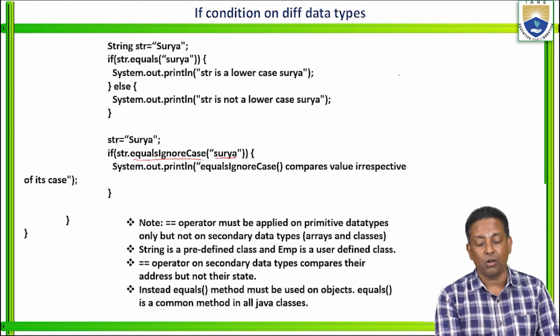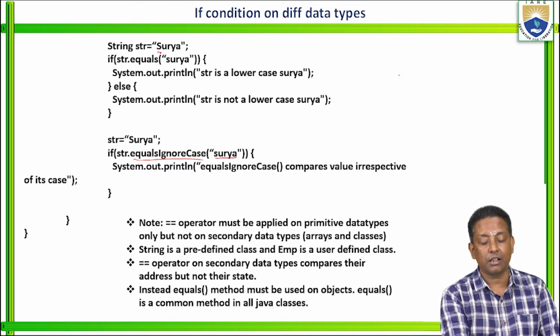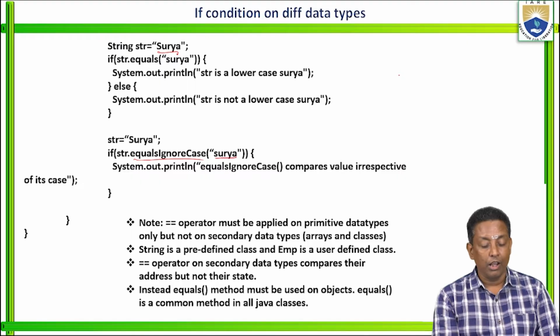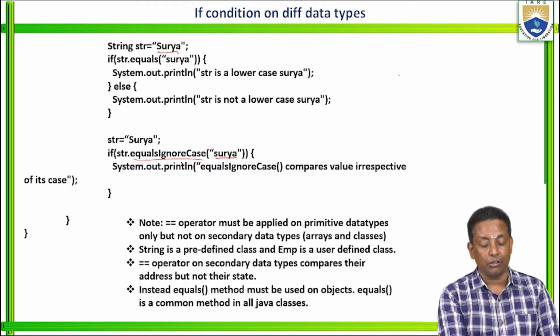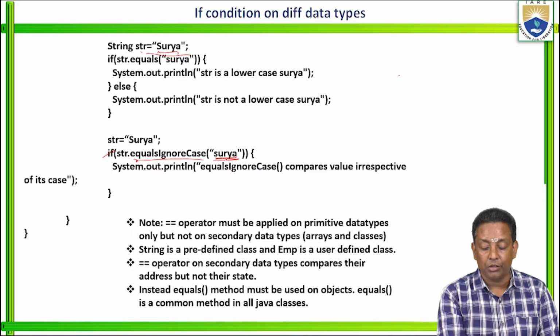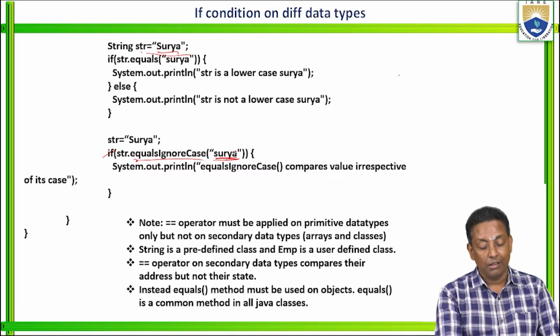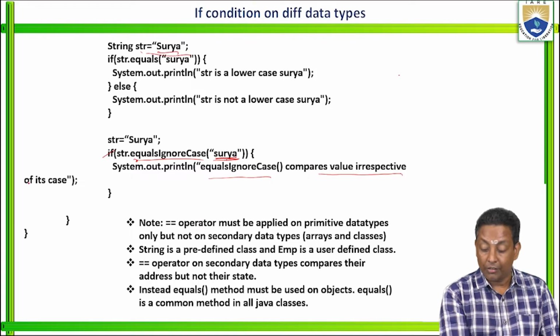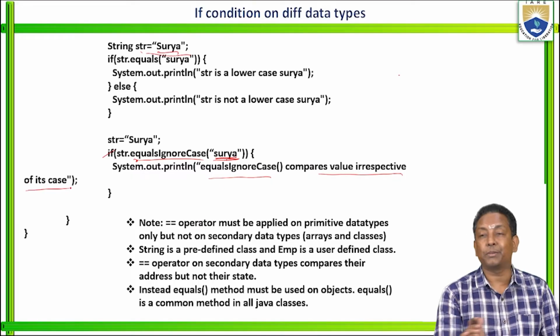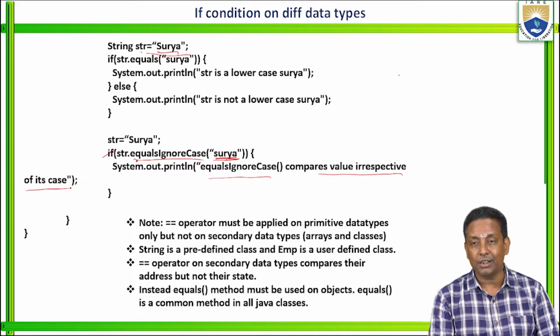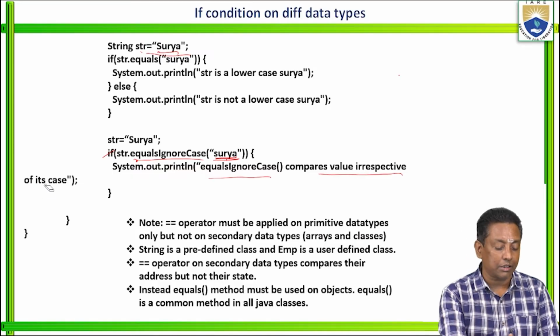If you write Surya with a small s, and string str has Surya with a capital S, and you use equalsIgnoreCase to compare, it will return true, because equalsIgnoreCase checks only the values but not the cases. The output will be printed: equalsIgnoreCase compares values irrespective of their case. This is available only in String but not in other classes. In other classes only the equals method is available.